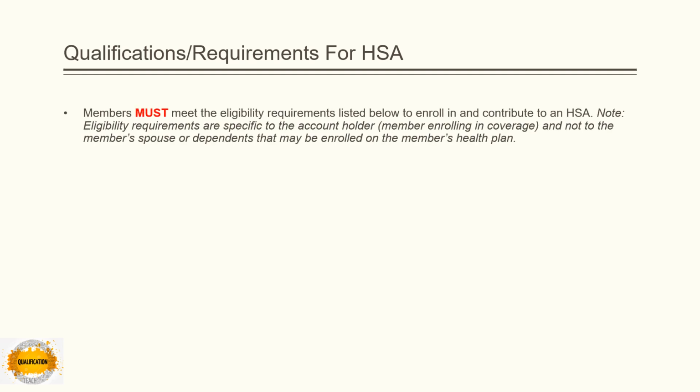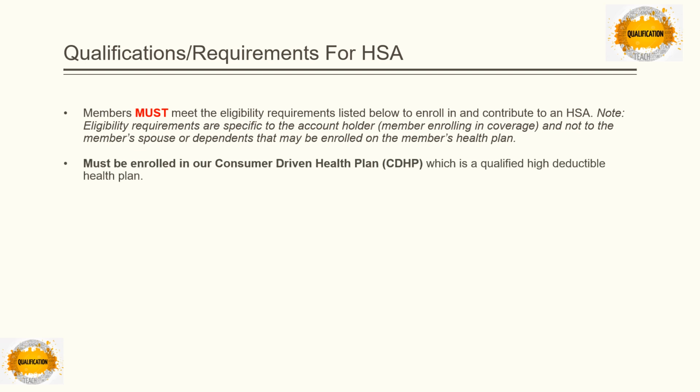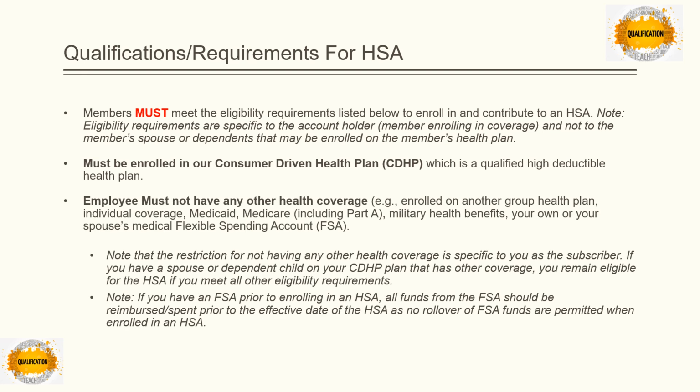Members must meet the eligibility requirements to enroll in and contribute to an HSA. You must be enrolled in the Consumer Driven Health Plan, or CDHP, to qualify for the HSA. Employees must not have any other health coverage. If your spouse or dependents have other coverage, you remain eligible for the HSA if you meet all other eligibility requirements.